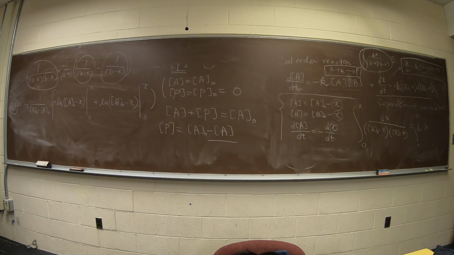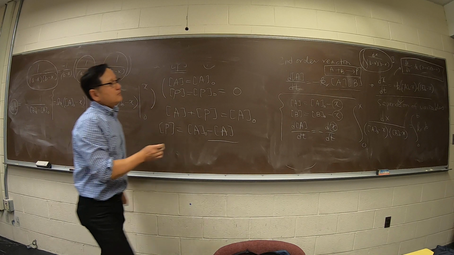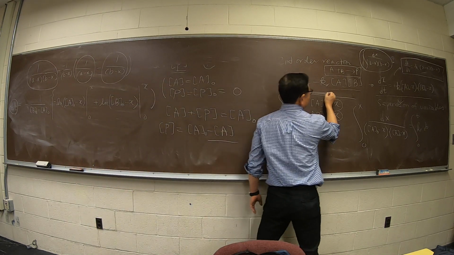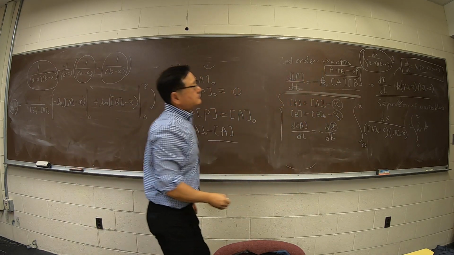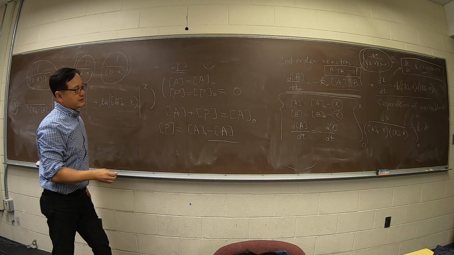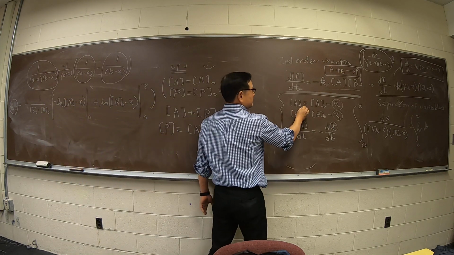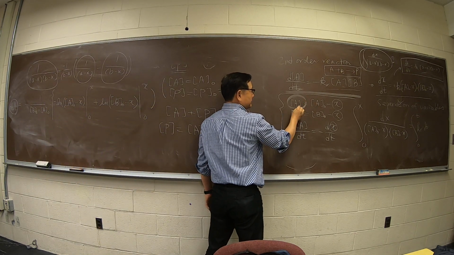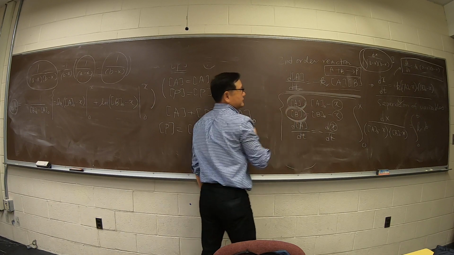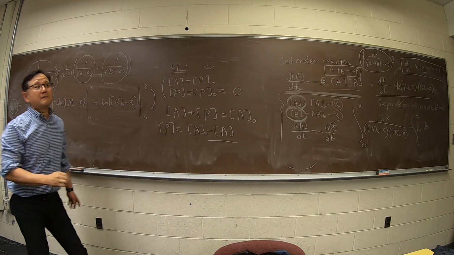My point here is I don't want you to derive this equation. That's not the point here. The point is for you to understand, once you write this equation, how do I solve it? The whole goal is I want to know concentration of A as a function of time, and concentration of B as a function of time.